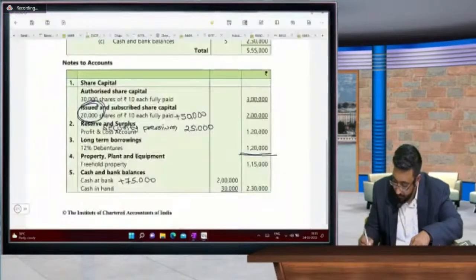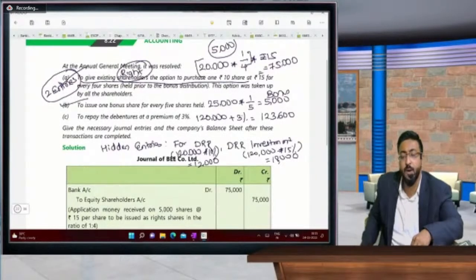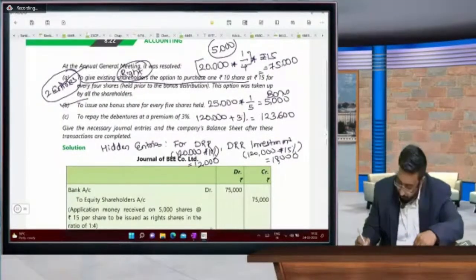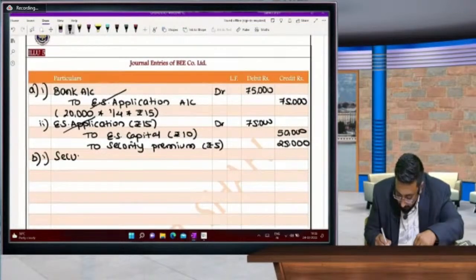B. First adjustment over. To issue bonus shares for every 5 shares held. Bonus can be given from securities premium. So 5,000 into 10 is the bonus, so first we will use securities premium. First entry: securities premium account debit.